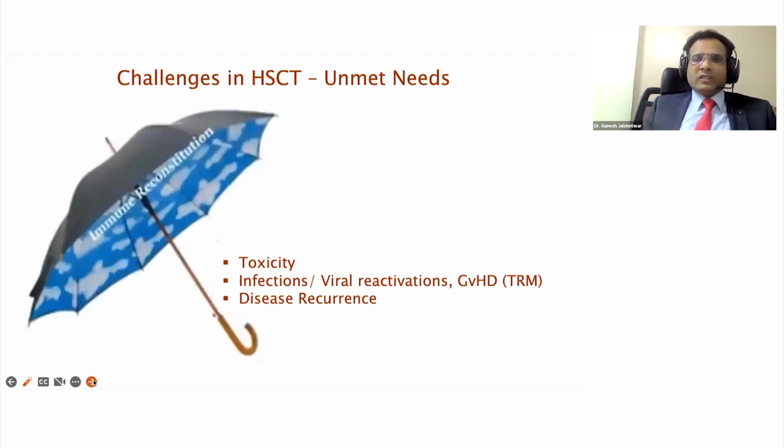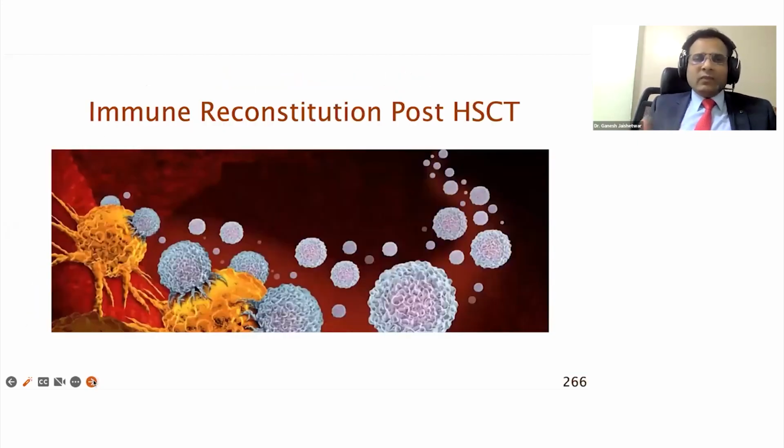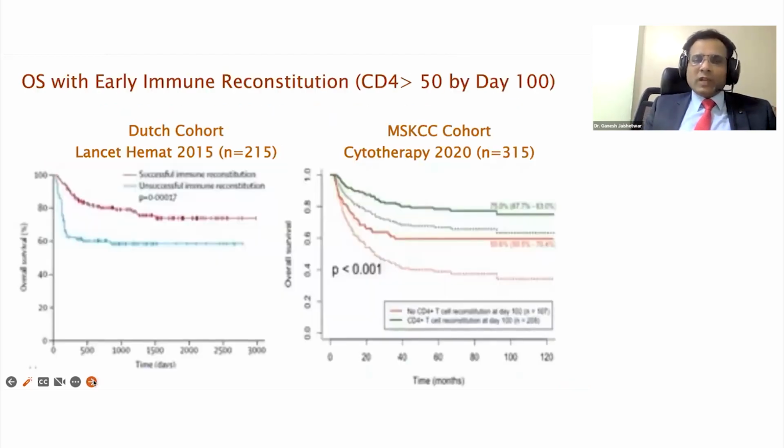There are efforts to improve immune reconstitution, and it has been found across various studies that patients with better immune reconstitution at various time points have outcomes 20 to 30% better than those with delayed immune reconstitution. You can see various papers with overall survival benefit ranging between 20 and 25%.